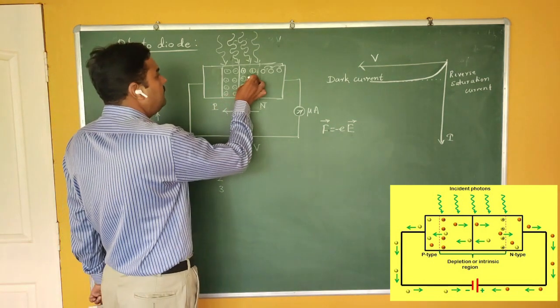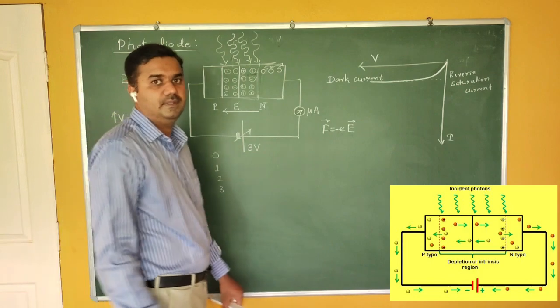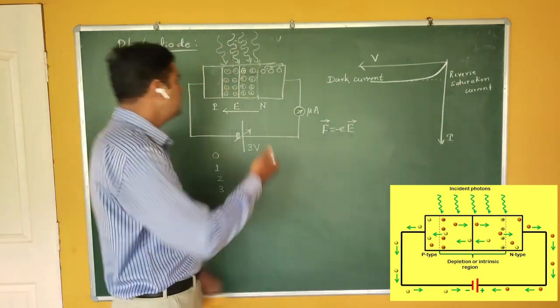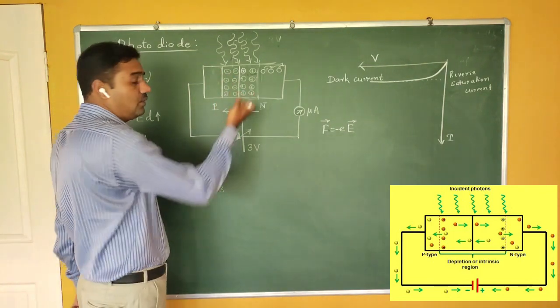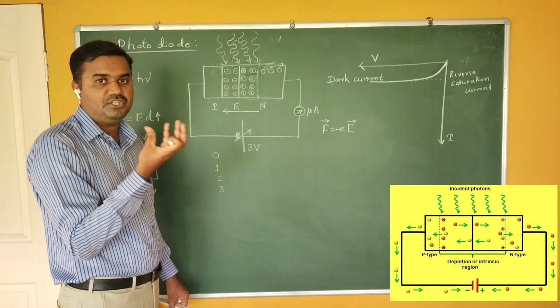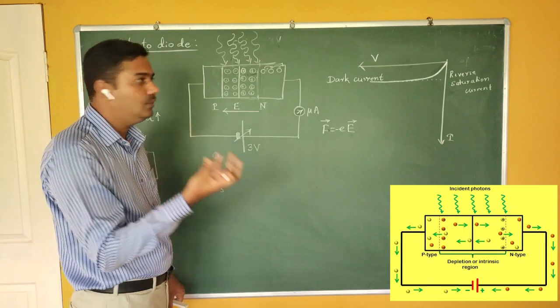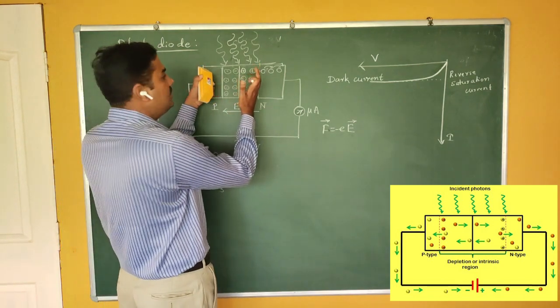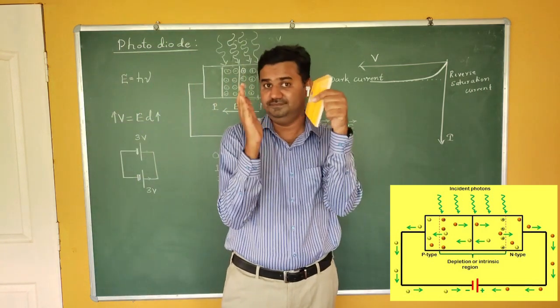Simultaneously, now see here, if this particular part loses the electron, and on the other side this particular part loses the hole, because electrons and holes are created in the depletion region, they are losing the electrons, they are losing the holes, then what happens? Very simple, the width of the depletion region is decreasing now, it becomes thin.